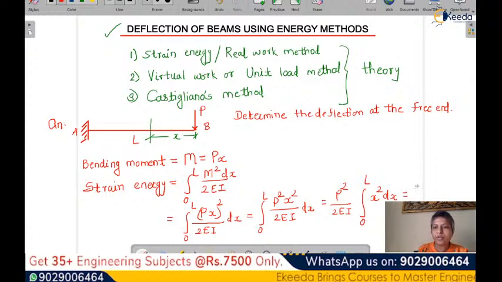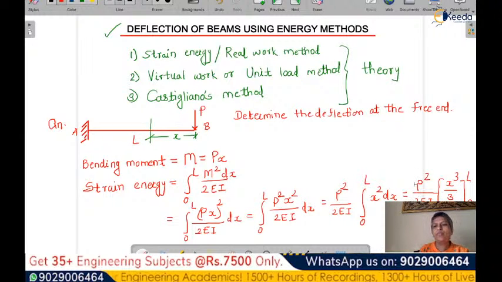So we write P square by 2EI into x cube by 3, from 0 to L. We'll get the answer as P square L cube by 6EI. So our final strain energy answer is: strain energy is equal to P square L cube by 6EI.